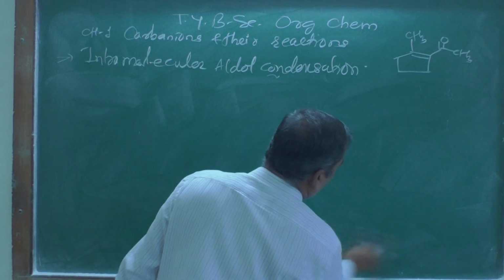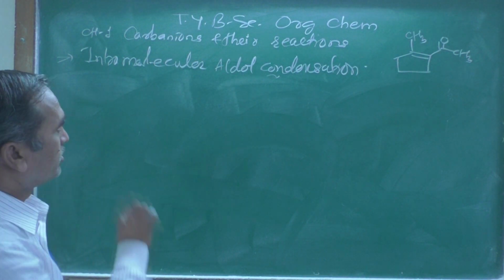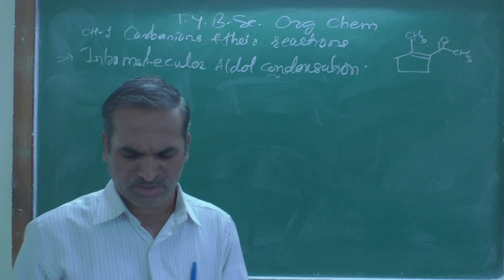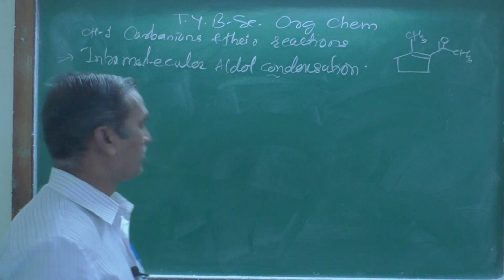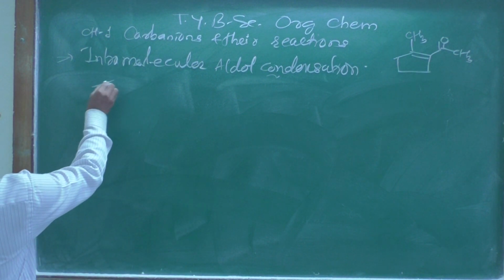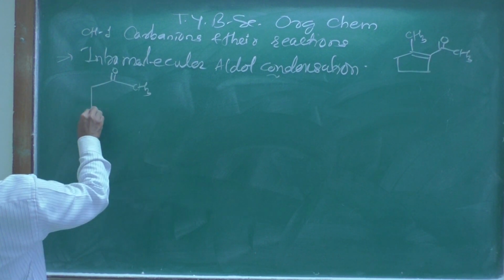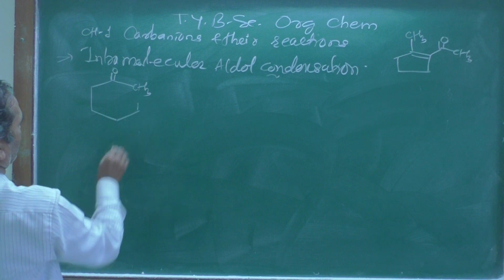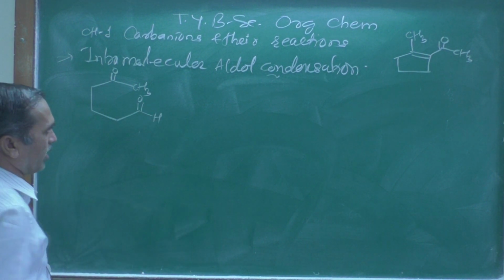Now let us see one more example which can illustrate the intramolecular aldol condensation reaction, that is 5-keto hexanal. So here C double bond O CH3, then C double bond O and this aldehyde.